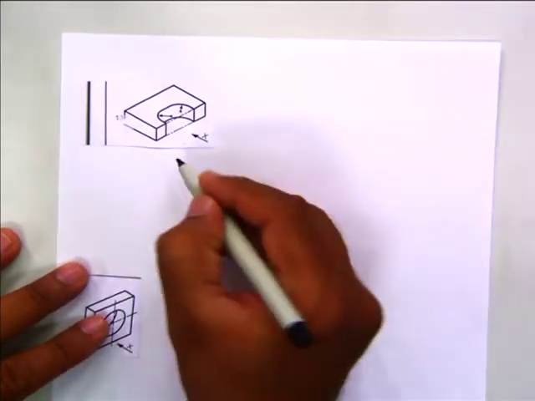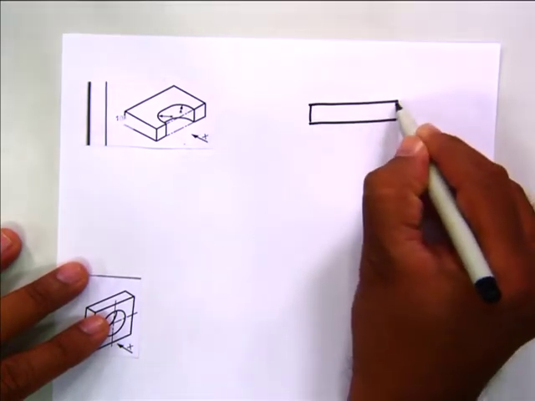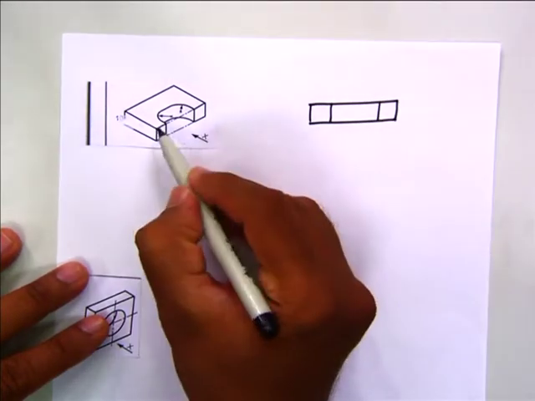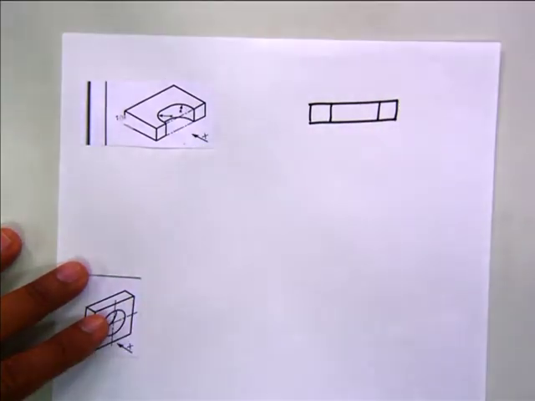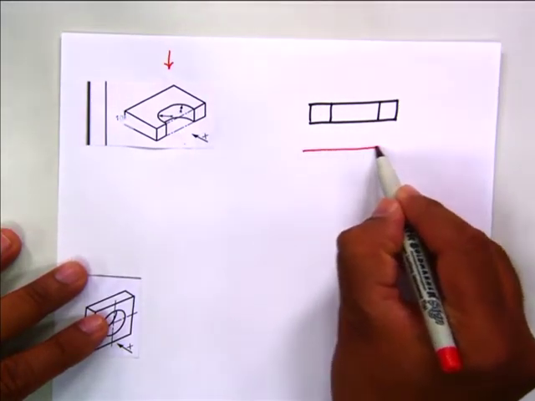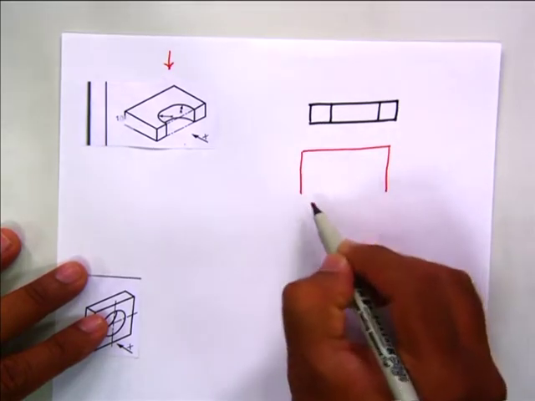Again, in this figure, when we are viewing from here, the top view is like this. You cannot see this curvature over here. But when you are viewing from the top, the top view becomes like this.